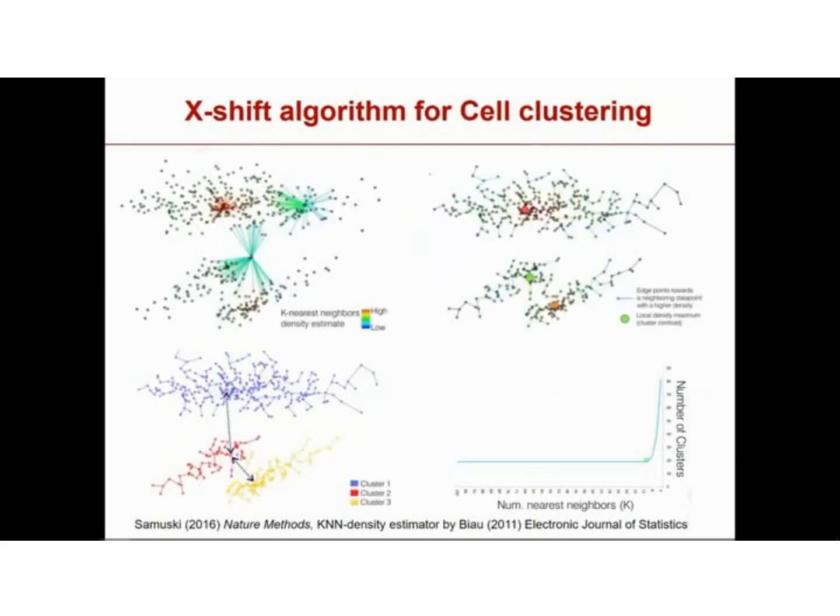So another algorithm which is also used frequently in the field is the X-shift algorithm. Here, basically, the algorithm provides a K nearest neighbor density estimate, and it goes through different K numbers to try and model the data best. So what it does is provide a density estimate to each of the neighboring cells, and then it tries to look for a local maxima and organizes the clusters around it.